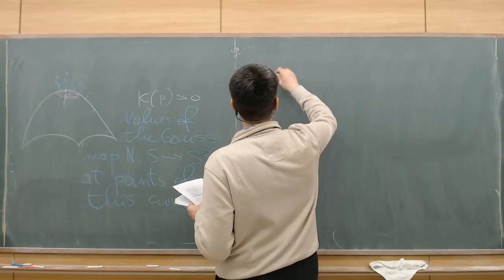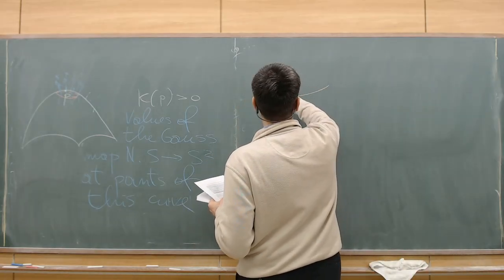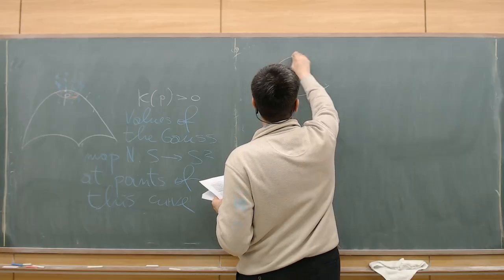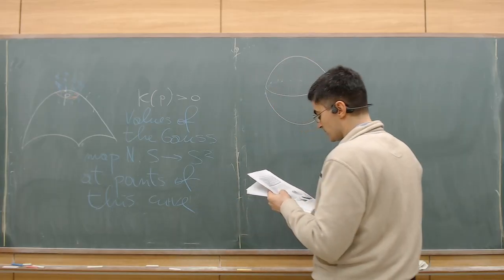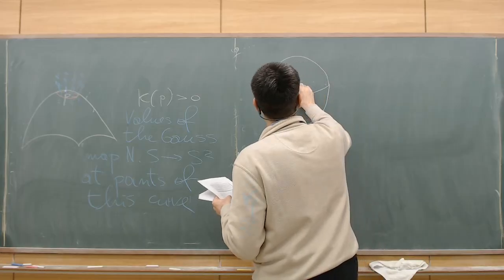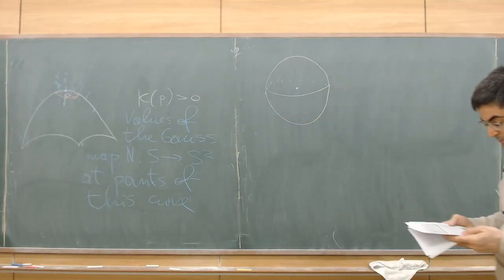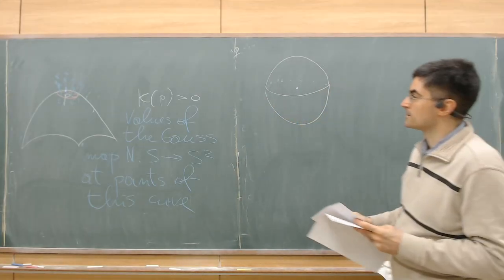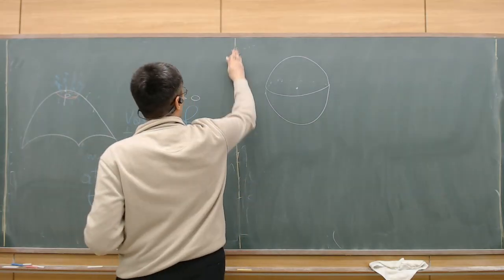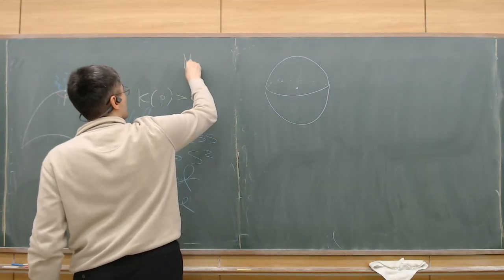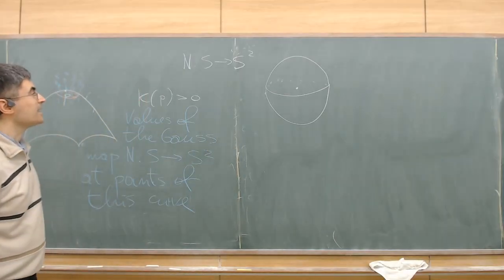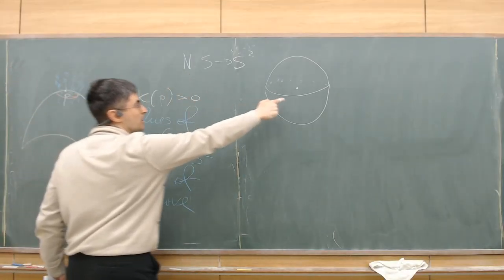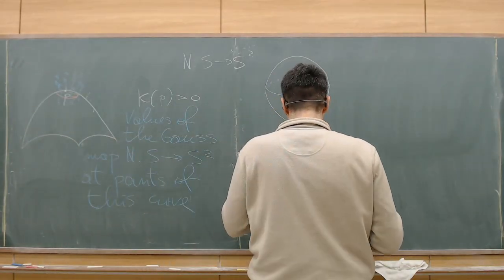Now, this is S2, approximately. And I want to sketch the values taken by this map on S2.